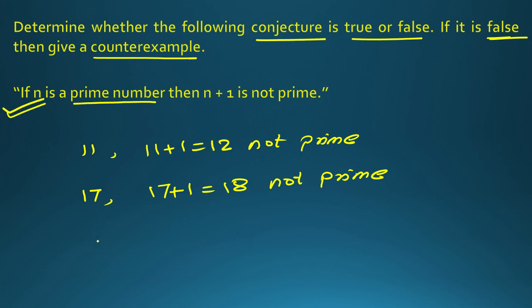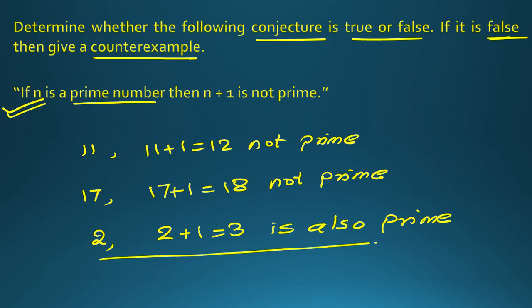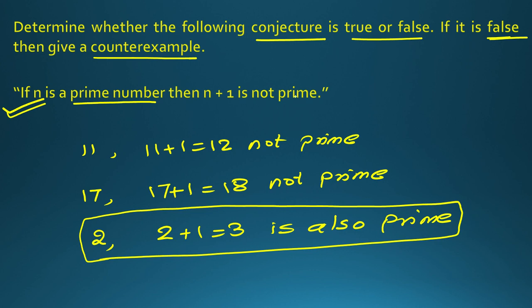No. Why? Because 2 is a prime number and 2 plus 1 is equal to 3, which is also prime. Yes. So we got one example here which is making this statement false. So finally this statement is false. If you get just one example which is opposite to the statement, then you will make it false.